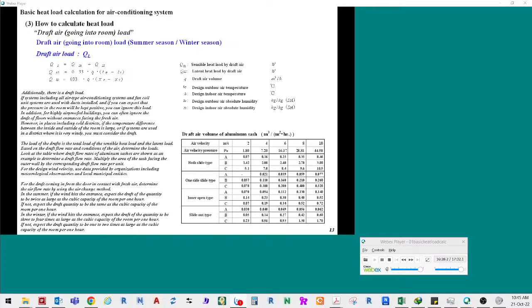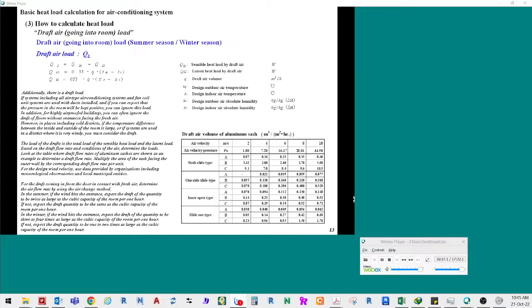For the draft coming in from the door in contact with fresh air, determine the air flow rate by using the air change method. In the summer, if the wind hits the entrance, expect the draft quantity to be twice as large as the cubic capacity of the room per 1 hour. If not, expect the draft quantity to be the same as the cubic capacity of the room per 1 hour.